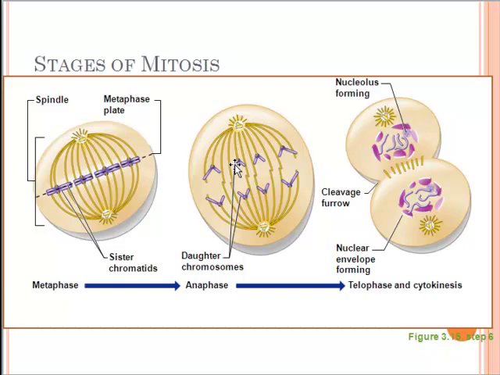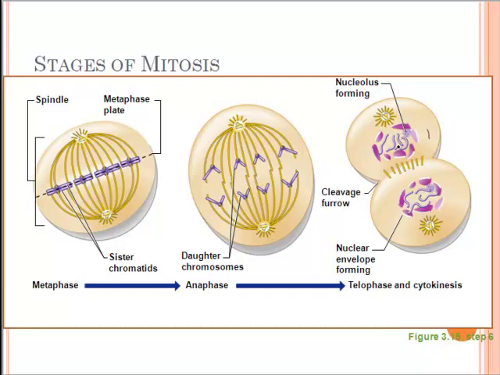In telophase, basically everything that happened in prophase is going to unhappen. So remember, in prophase, first of all, the chromosomes condense. So between anaphase and telophase, all of the chromosomes have moved to one side or the other. So we have one copy of the DNA here and one copy here, exact copies of the DNA on each side.